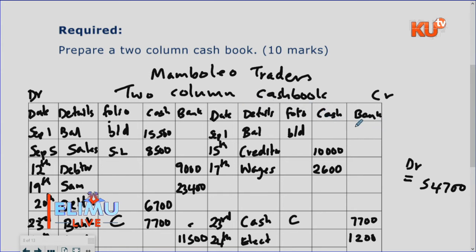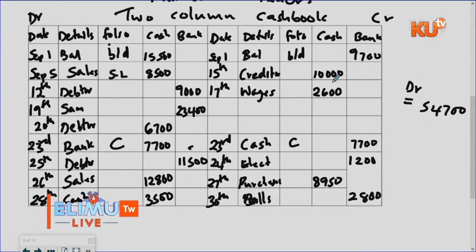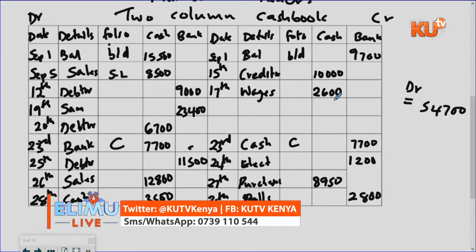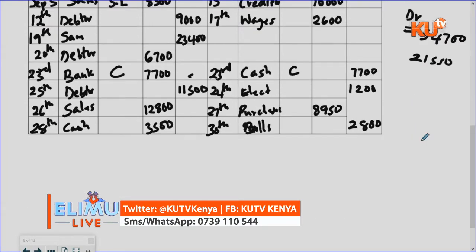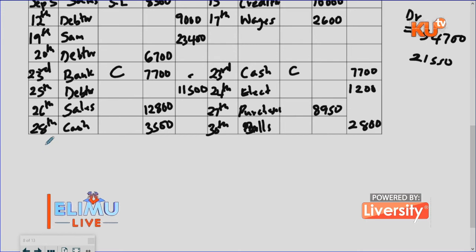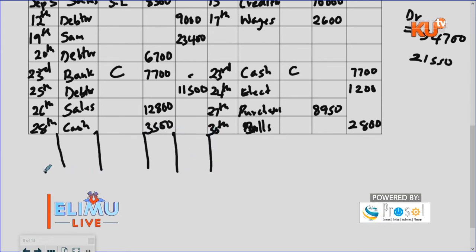Now let's get the total on cash on the CR. 10,000 plus 2,600, 8,950, 21,550. Definitely the debit side is more. The difference between them, what is the difference between the two? 33,100. That becomes our balancing figure.